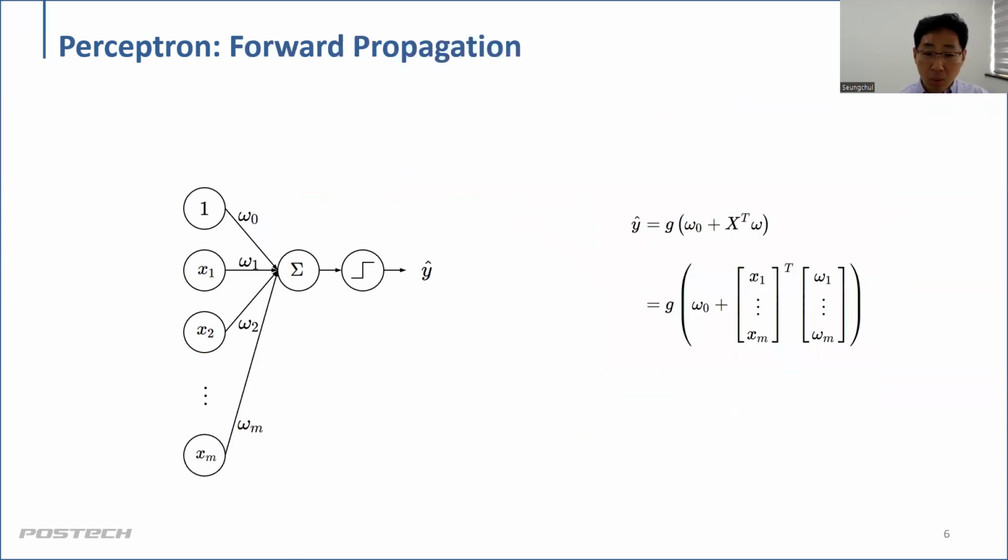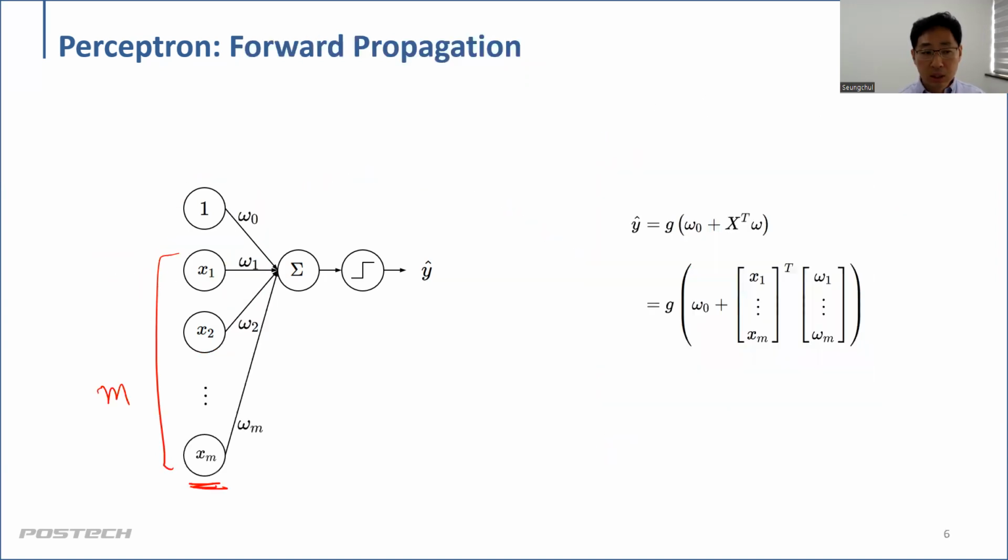And if I add more circles, like input units or neurons, because I'm going to talk about the artificial neural net, then you have to visualize it.